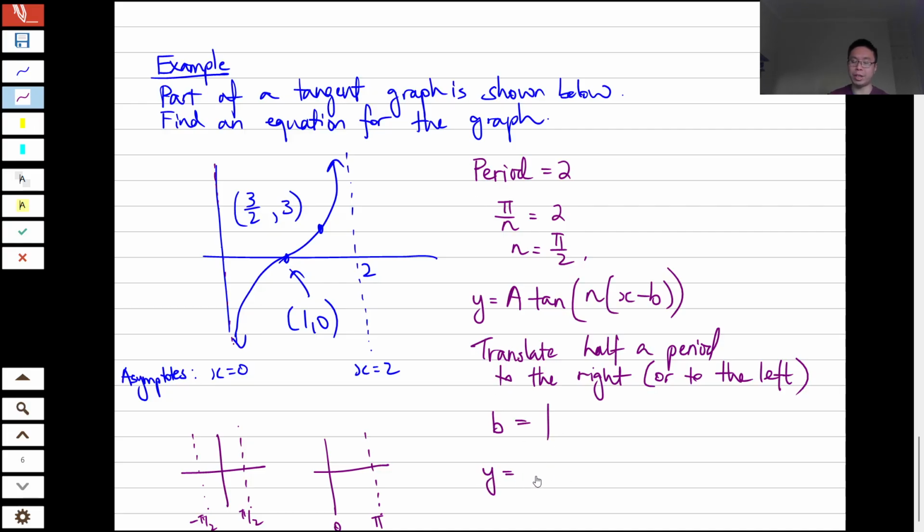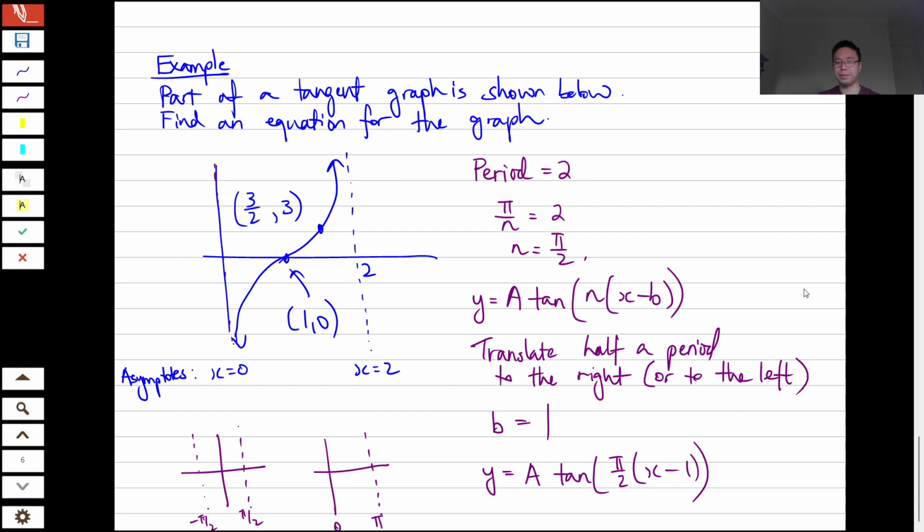And that means my equation is now y equals a times tan of pi on 2, x minus 1. Now, if I substitute x equals 3 on 2, I get tan of pi on 4 because 3 on 2 minus 1 is a half.